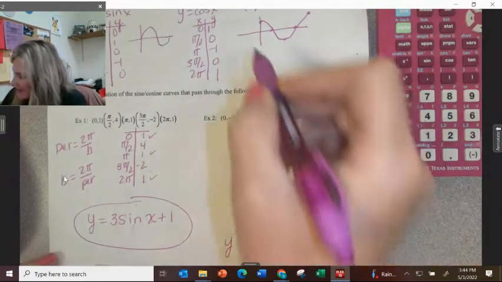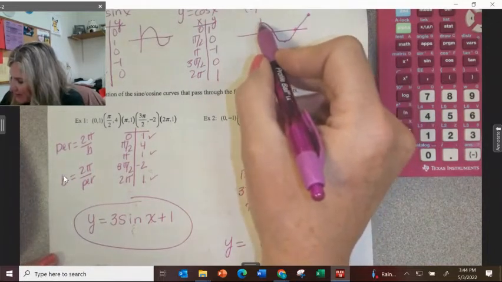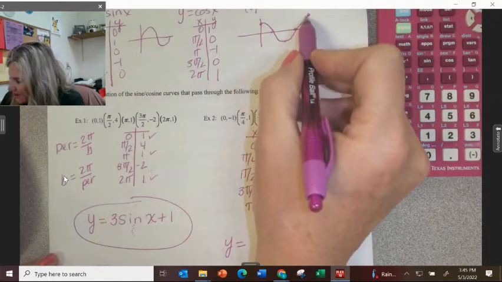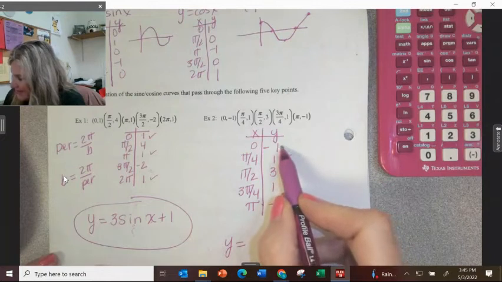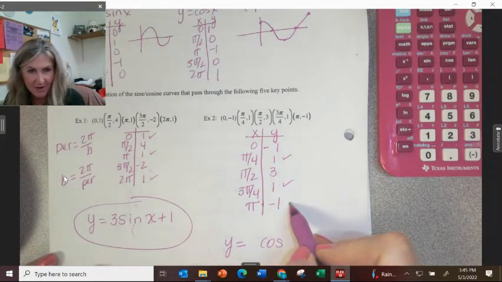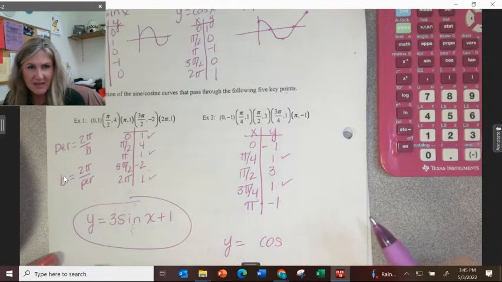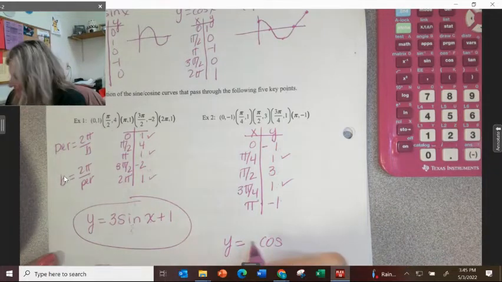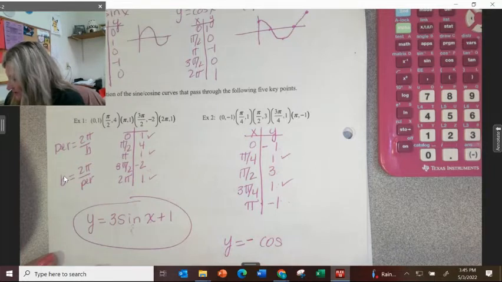Okay, now look at this, guys. The cosine curve is supposed to be up, on, down, on, up. This one is down, on, up, on, down. So what does that tell me then? That a value is going to have to be what? It's going to have to be a negative to make this work, isn't it?